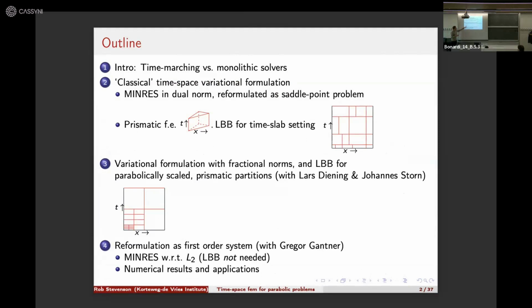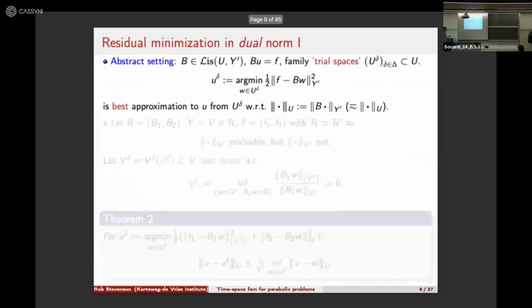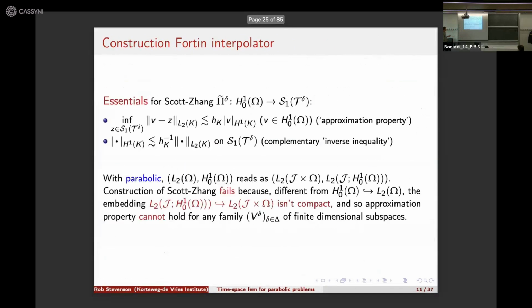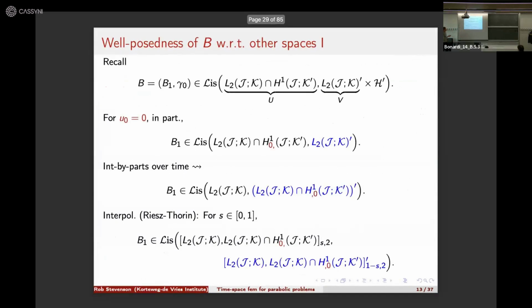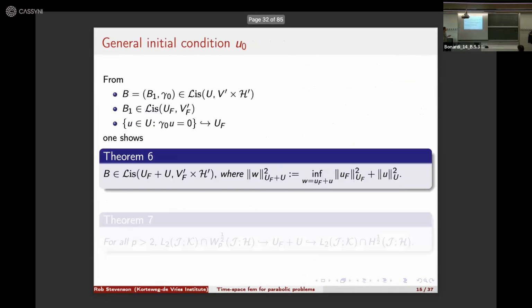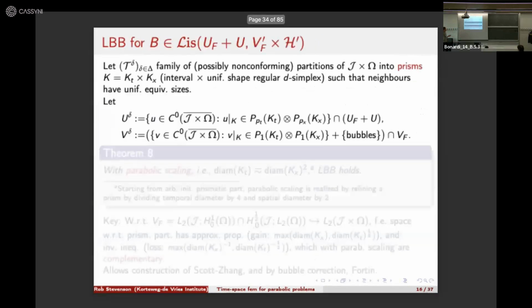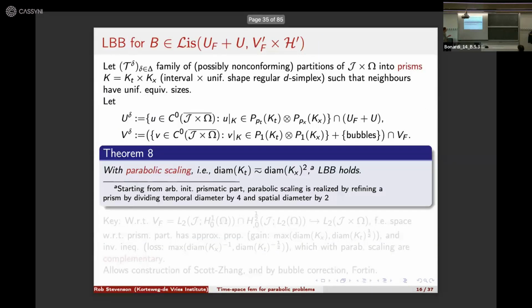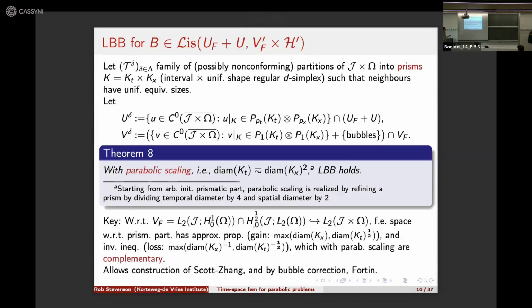You can do local refinement, you can allow hanging nodes, but the prisms should be parabolically scaled. That was the content of the slide I just showed you.